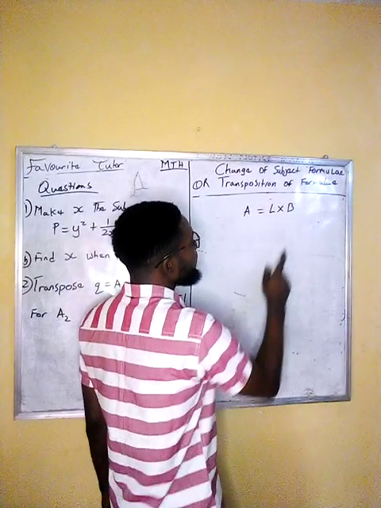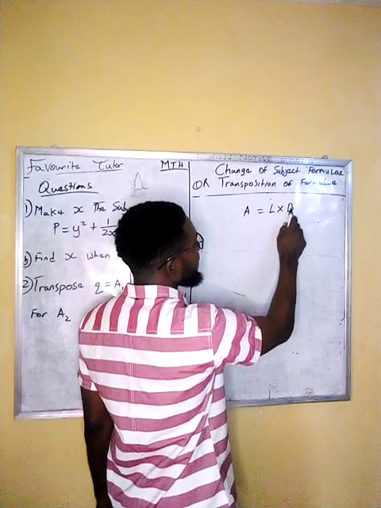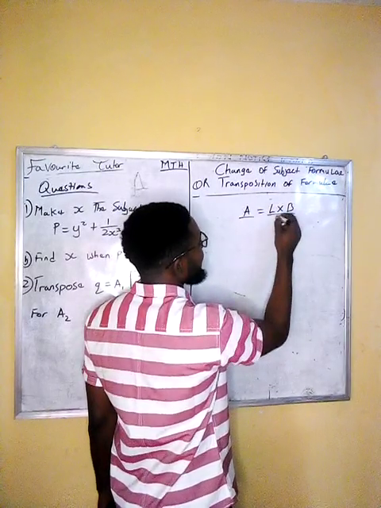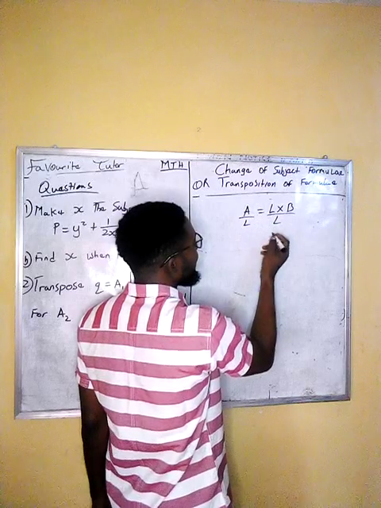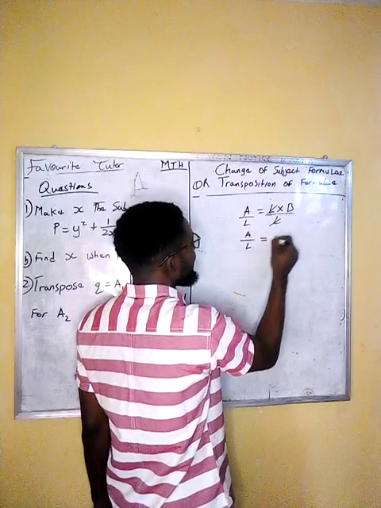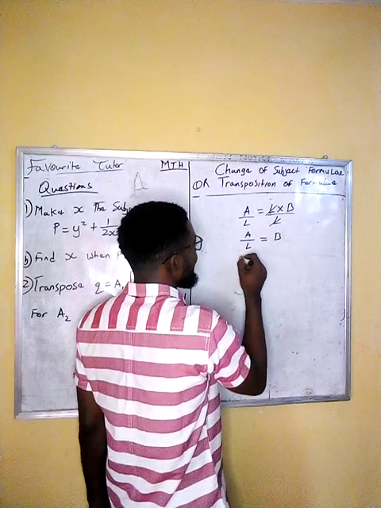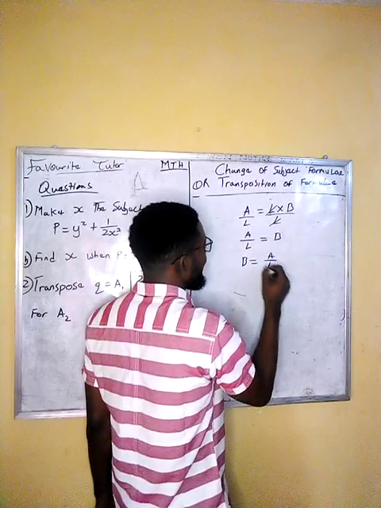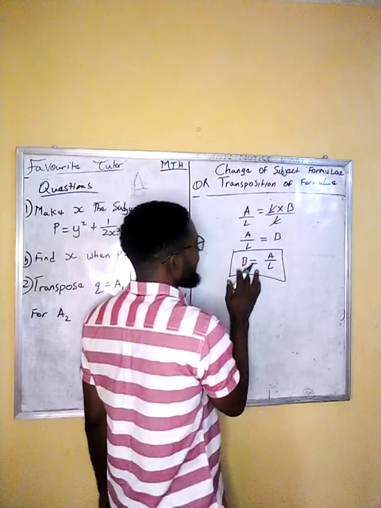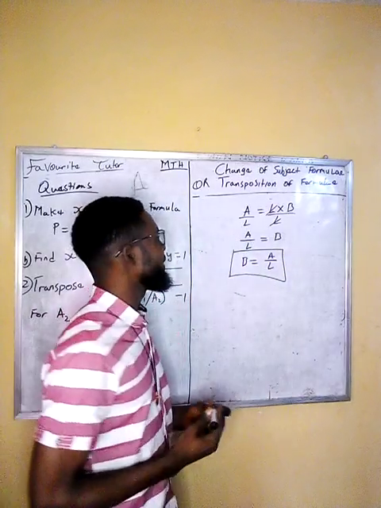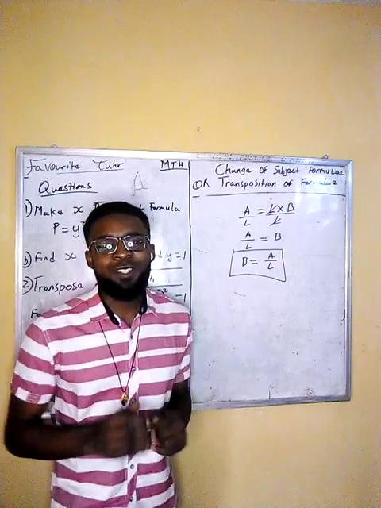Now, if we're to make breadth the subject formula, we have to divide both sides by length. Length cancels out length. Therefore, area over length is equal to breadth. So breadth is equal to area over length. Breadth is now the subject of the equation.